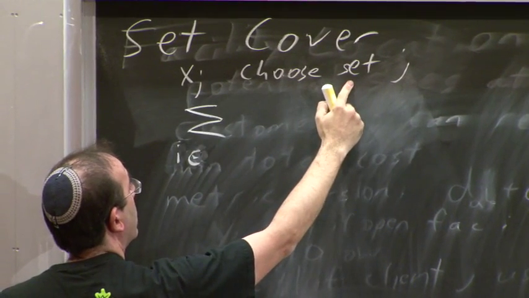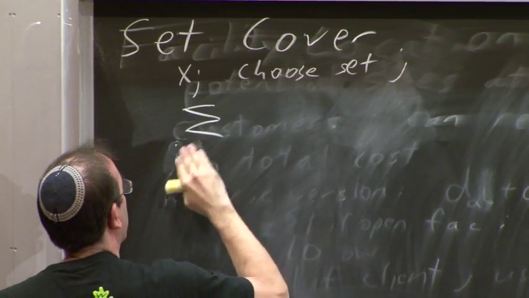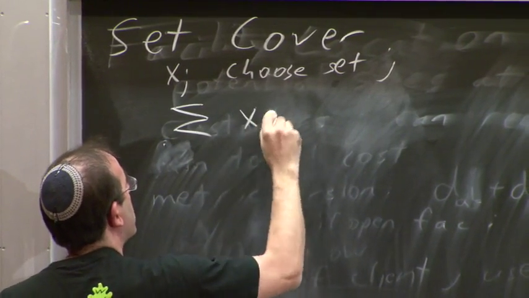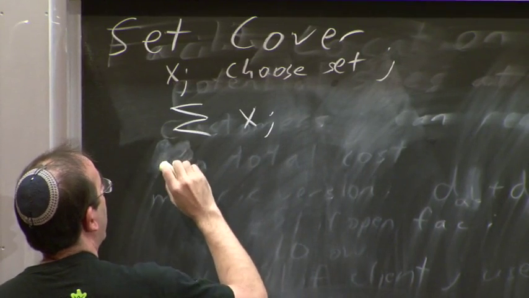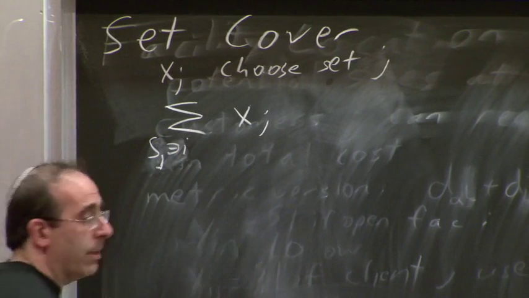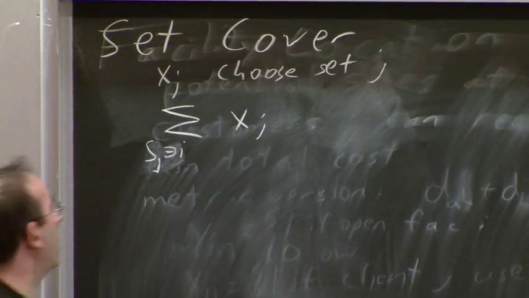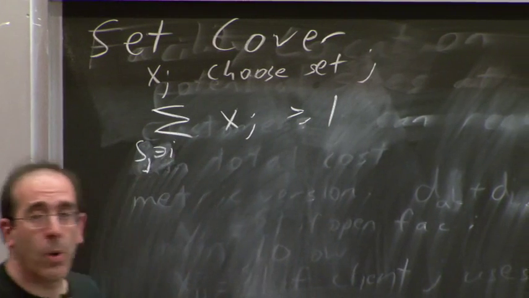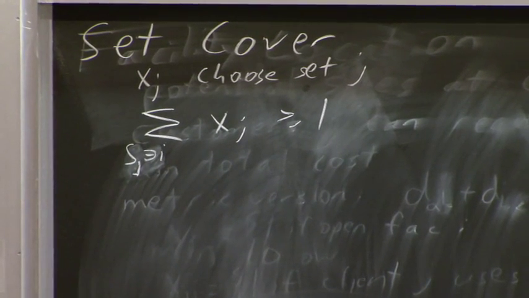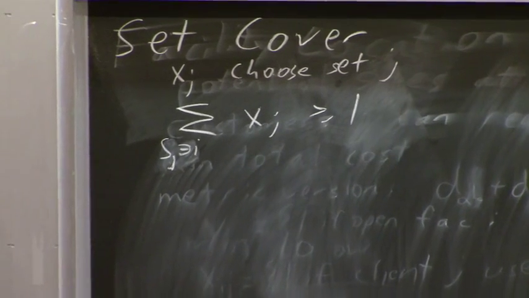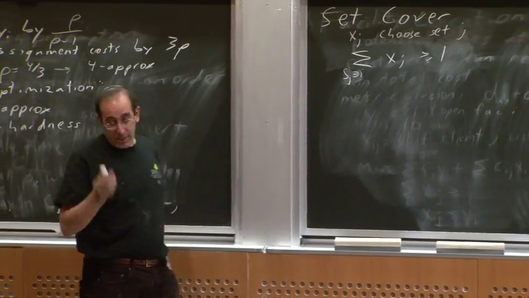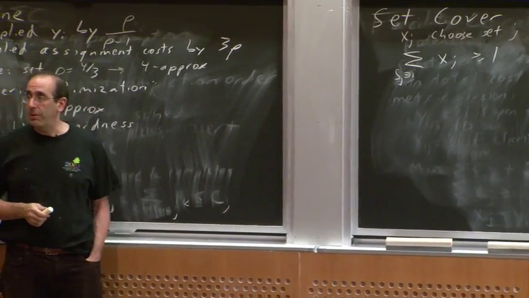For each element I, we want to say that it's covered. So we're going to sum a collection of xj's, over all of the sets Sj that contain element I. That's going to have to be at least 1. So a very simple integer linear program, and of course, similarly, a simple fractional relaxation for the problem.